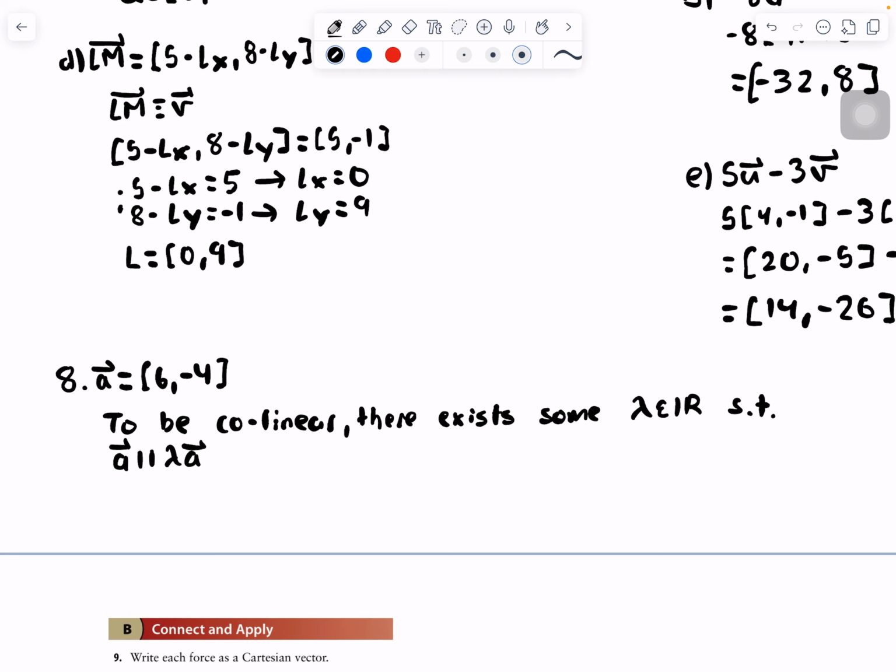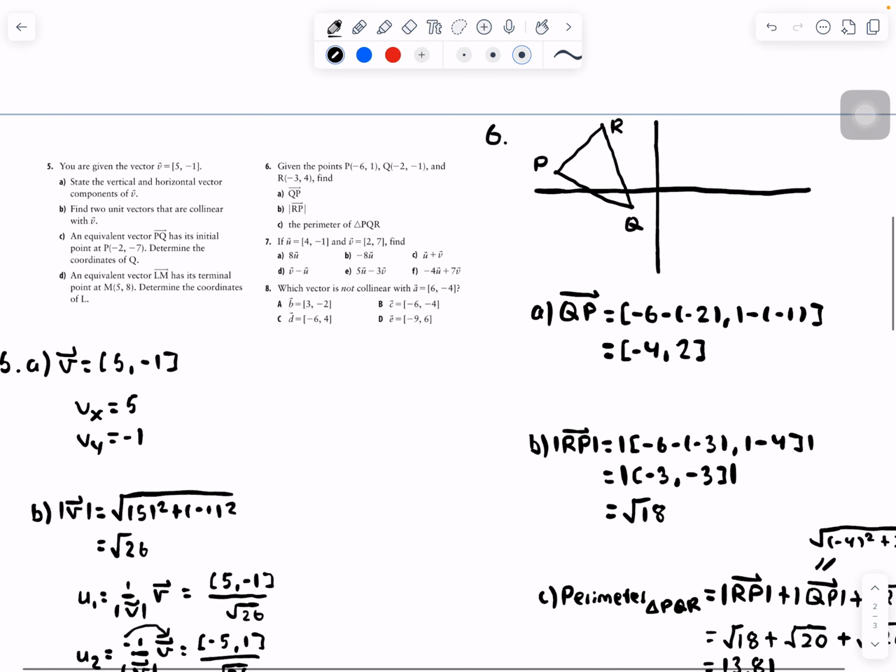Okay, so let's see if any of these are not scalar multiples.